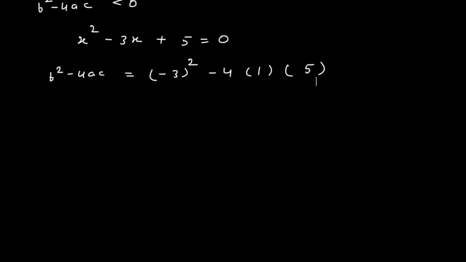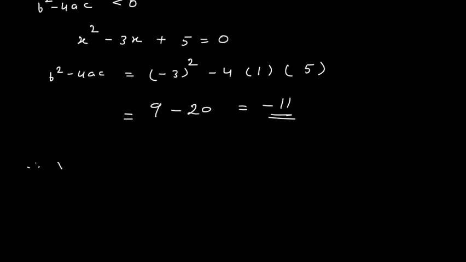So b square minus 4ac is 9 minus 20, which is equal to minus 11.